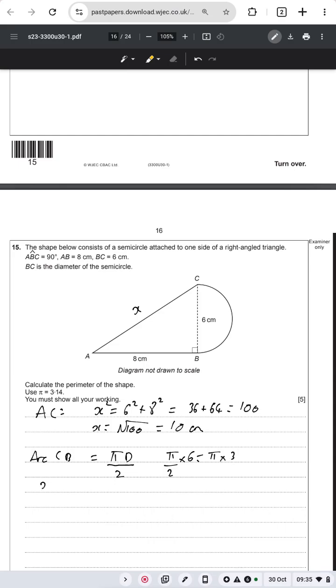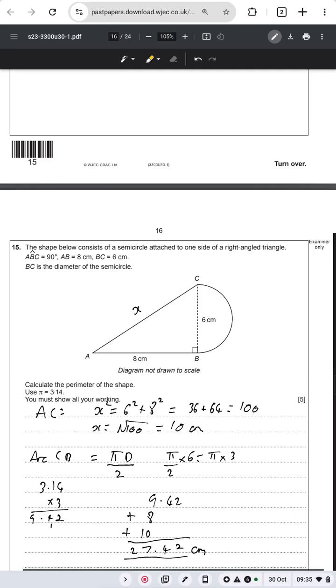So we got 3.14 multiplied by 3, which is going to give 9.42, add that to 8, add that to 10, and this gives us 27.42 centimetres.